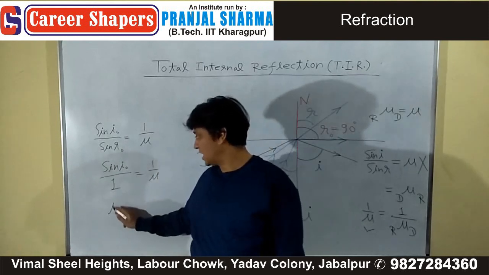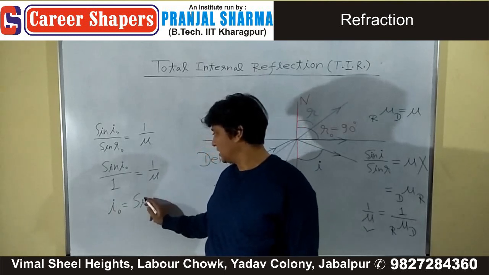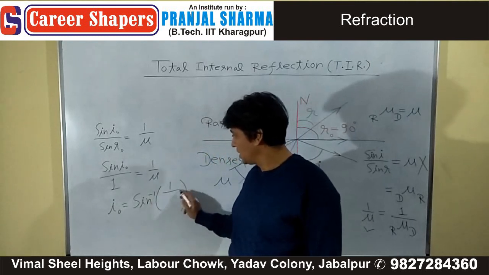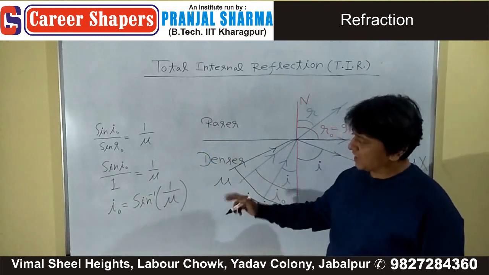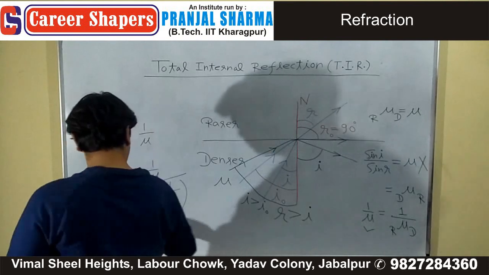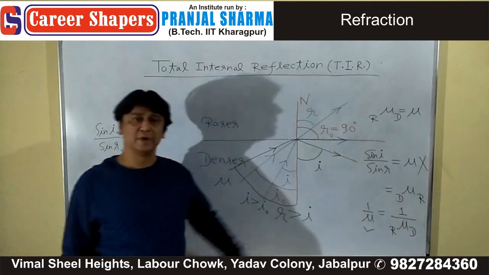This gives us i naught as sin inverse 1 upon mu. That's the critical angle of incidence, after which all the rays simply move back into the same medium.